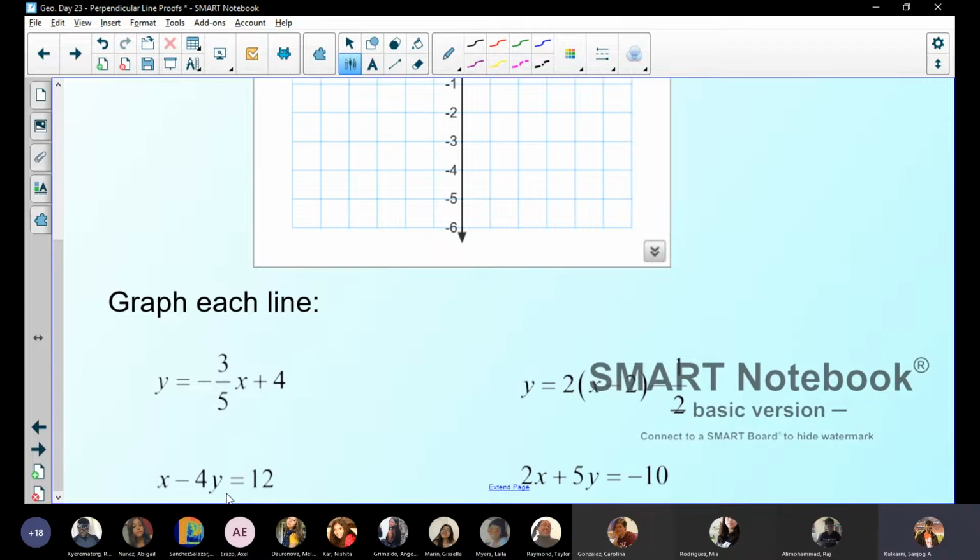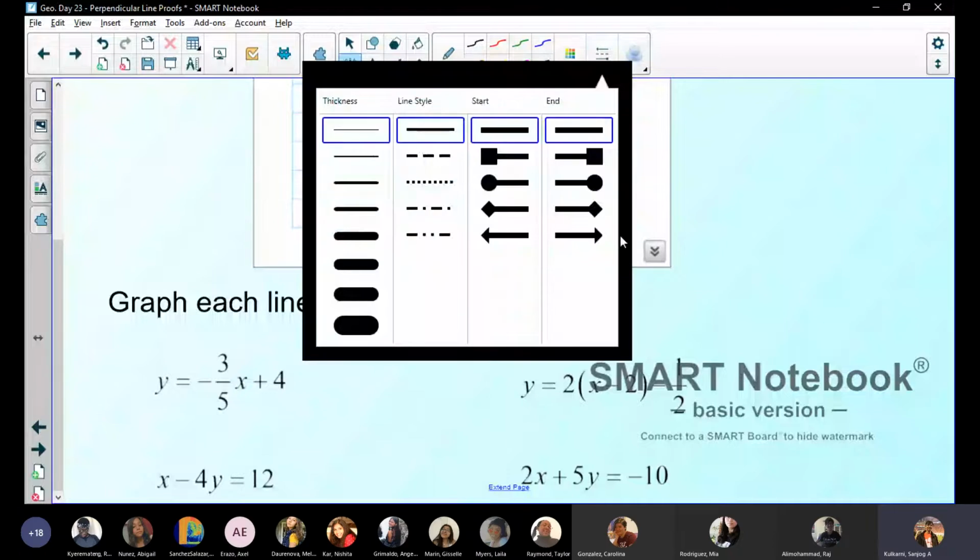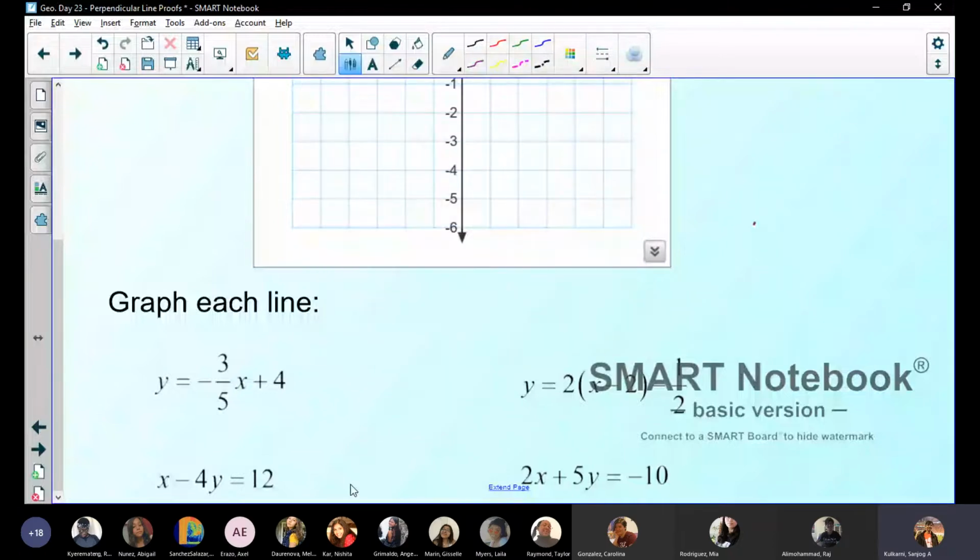We will try to do this one. This is not given in the y equals mx plus b form, so let's get it into slope intercept form. So subtract x on both sides. I'll have negative 4y equals 12 minus x. Then further divide by negative 4 all throughout.